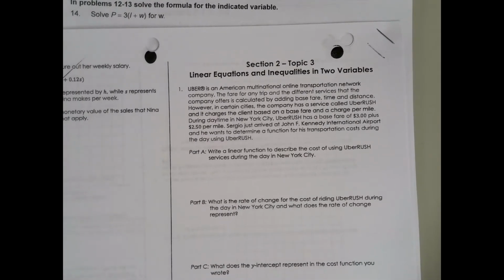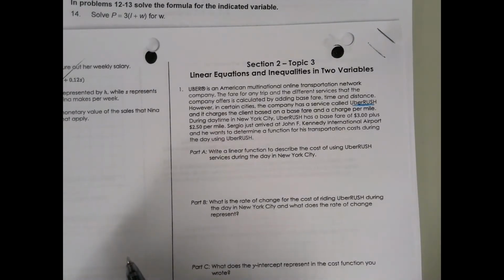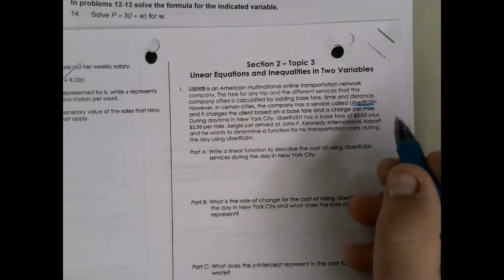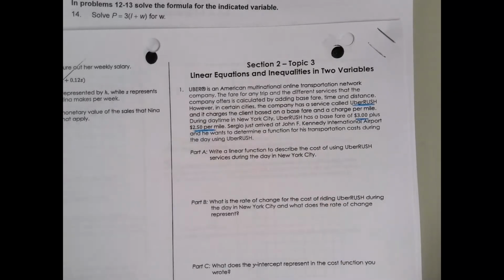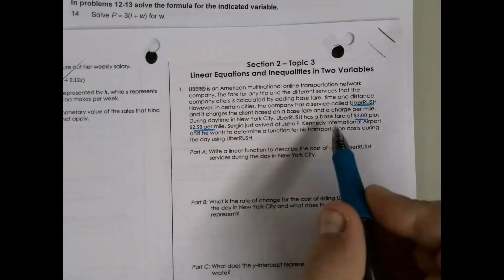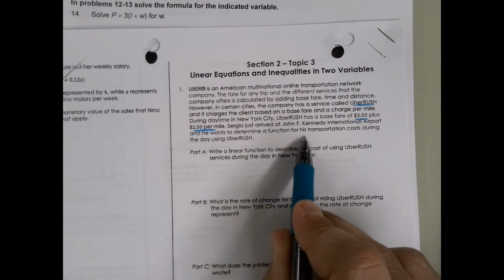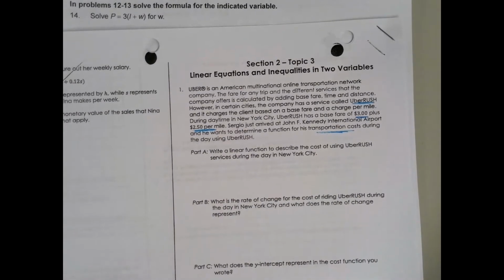However, in certain cities, the company has a service called Uber Rush, and the charges are calculated on a base fare and a charge per mile. During daytime in New York City, Uber Rush has a base fare of $3 plus $2.50 per mile. Sergio just arrived at John F. Kennedy International Airport and wants to determine the function for the transportation costs during the day using Uber Rush.